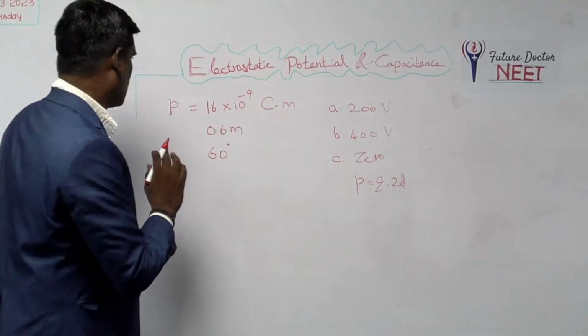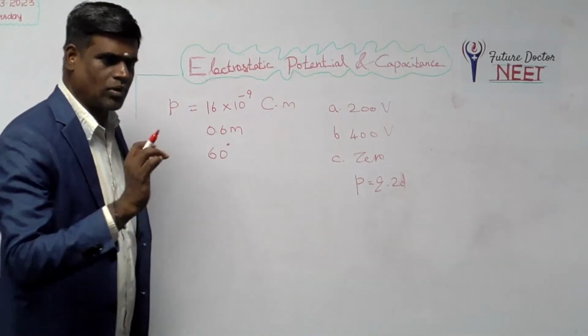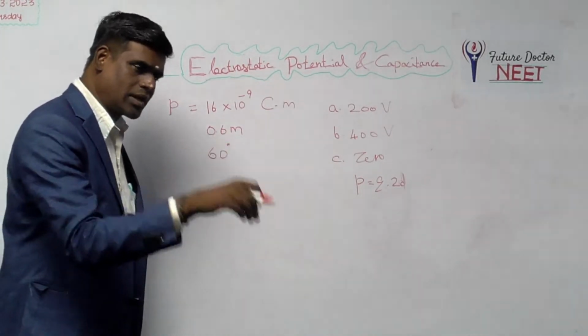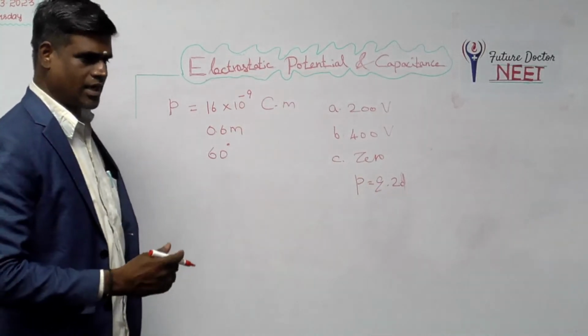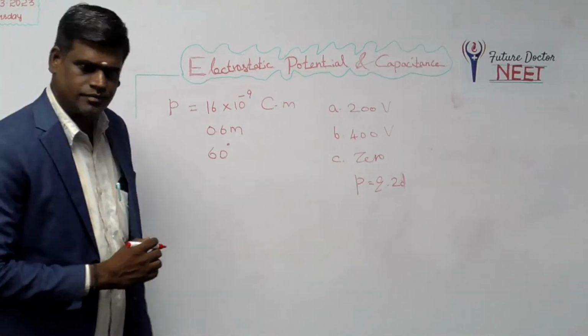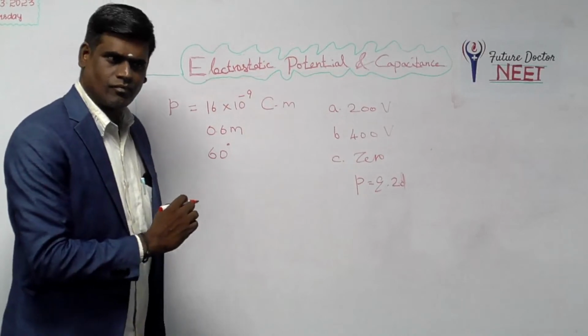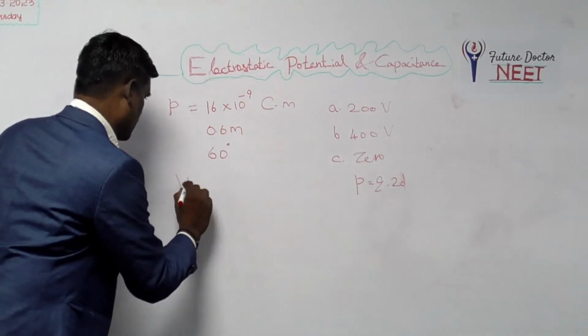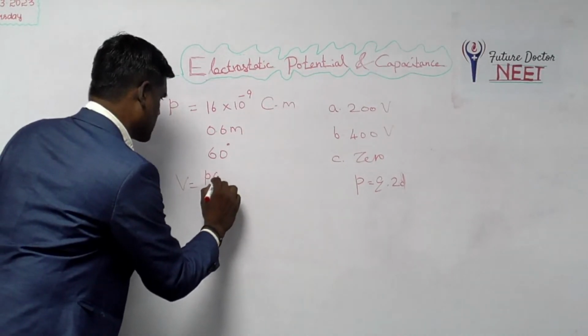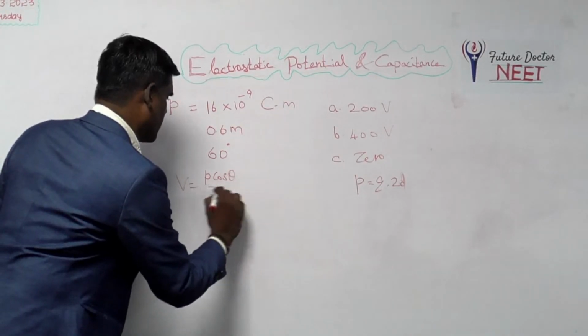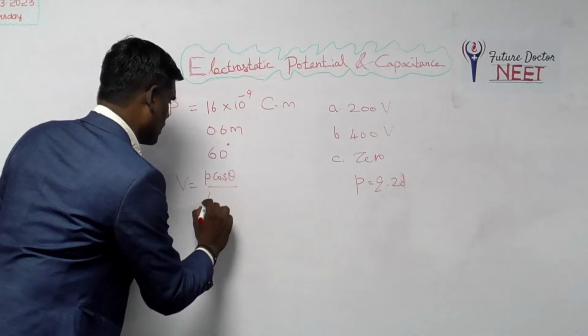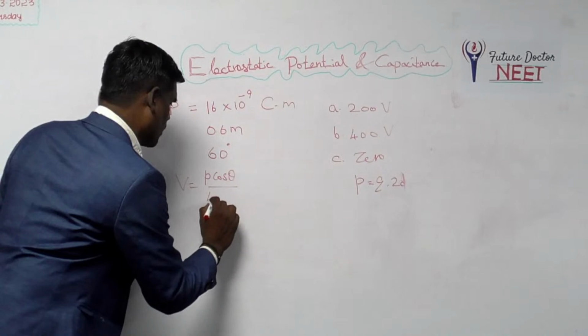electric potential. Okay. What is the formula for electric potential due to a dipole? Yesterday in class we gave the formula: P cos theta divided by 4 pi epsilon naught r square. That's all.